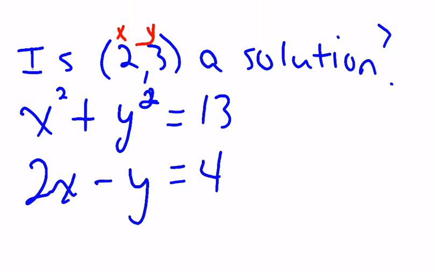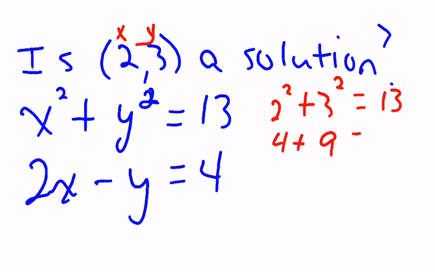So if we plug that into the first one, we would have 2 squared plus 3 squared equals 13, and we're trying to determine if that works. So 2 squared is 4, 3 squared is 9, and 9 plus 4 is 13. So that one works, but we're not done.